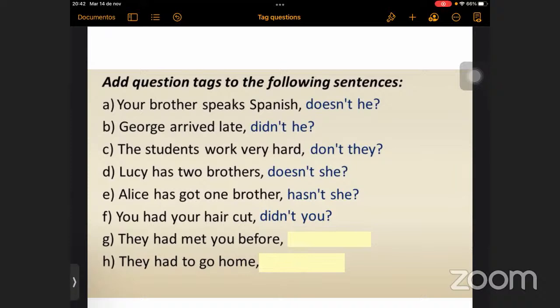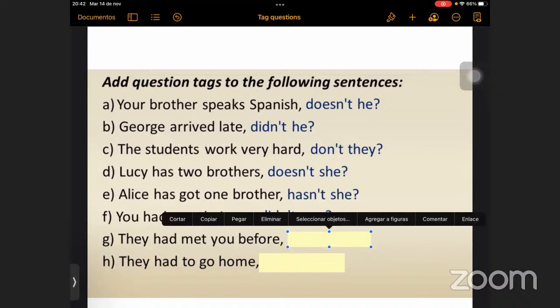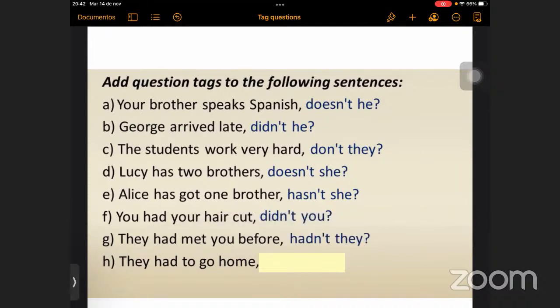Or hadn't? Yes, hadn't, correct. Or had not? No, you cannot say had not. Make contractions, all the time in these questions. Hadn't they? Exactly.